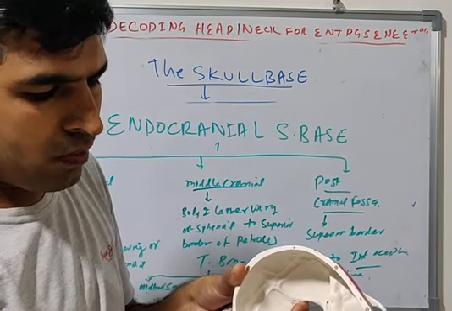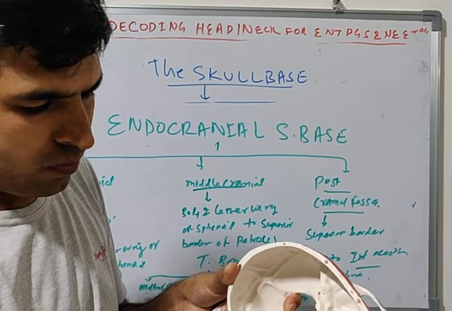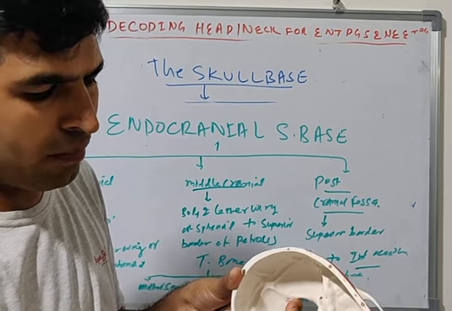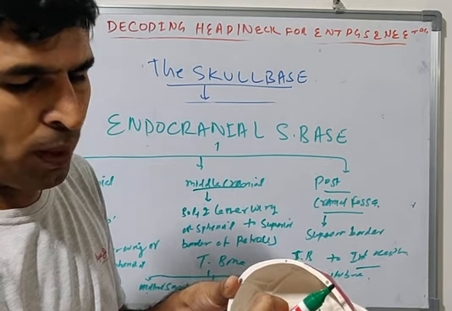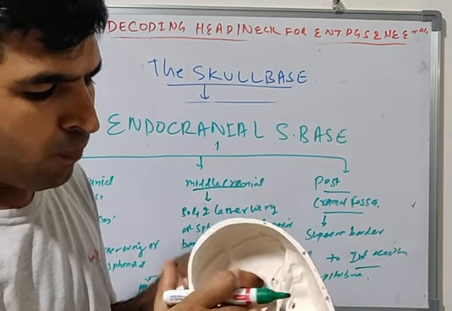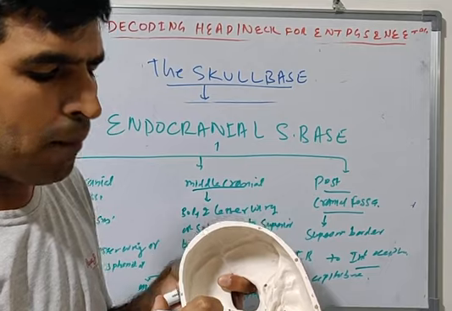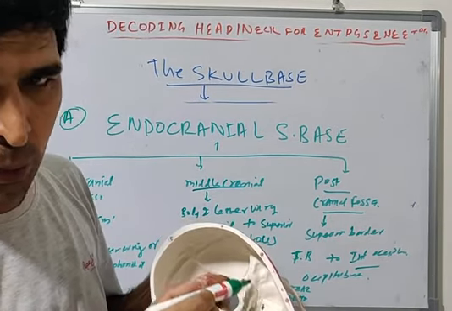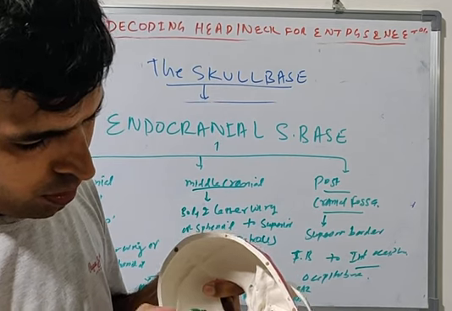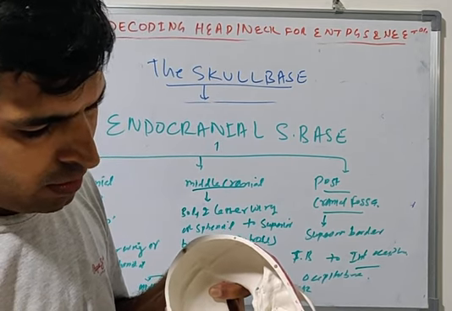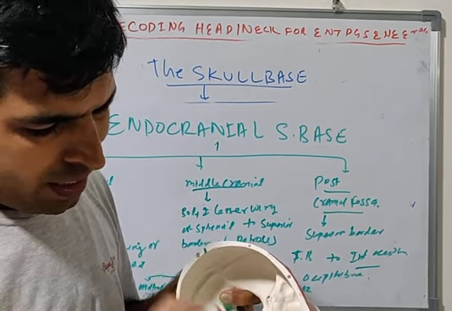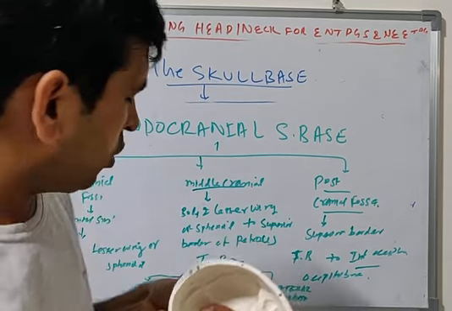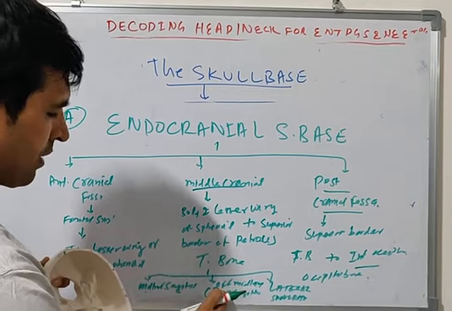If you draw the line, this is the petroclival fissure. Between two vertical lines going through the petroclival fissure is the midline sagittal. If we draw one line lateral to the foramen ovale, between the petroclival vertical line and this lateral border of the foramen ovale is the off midline parasagittal.